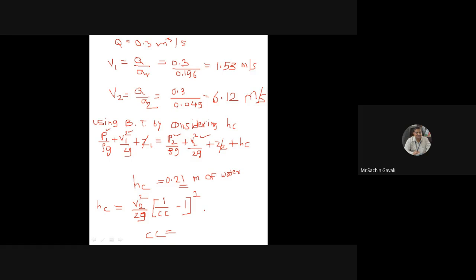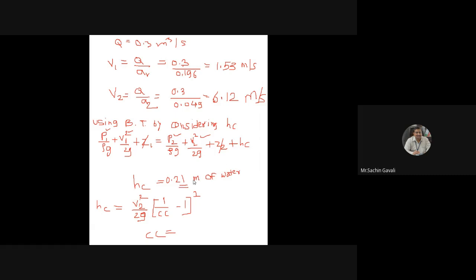HC everybody got 0.21, correct. And CC is equal to near about 0.75.